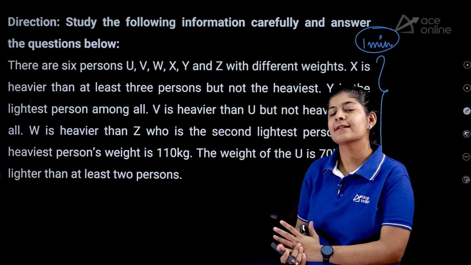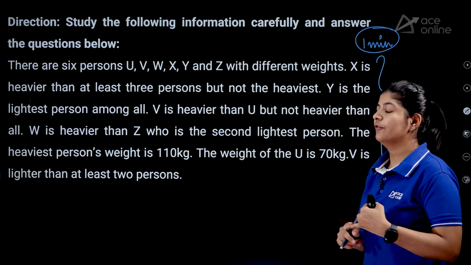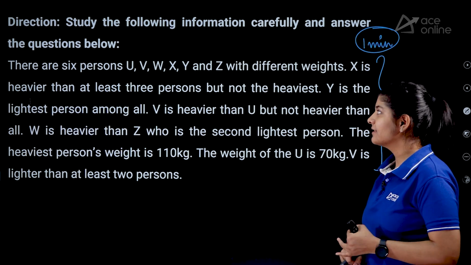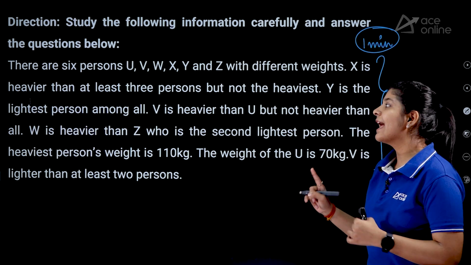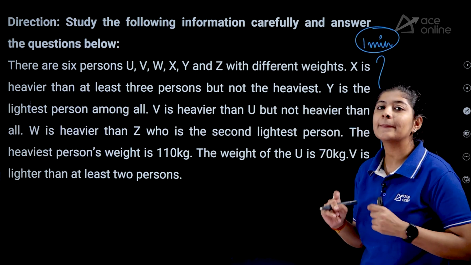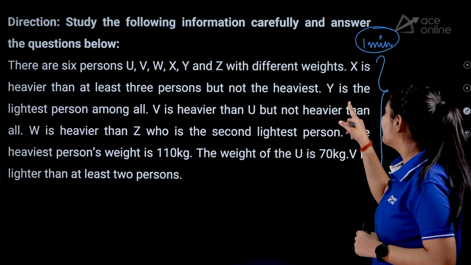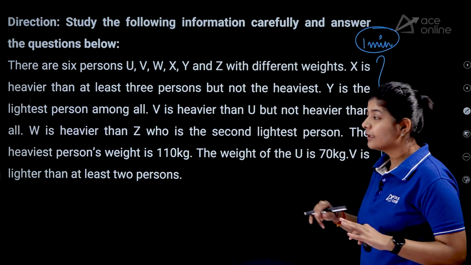The question says, there are 6 persons, U, V, W, X, Y and Z, with different weights. X is heavier than at least 3 persons, but not the heaviest. Y is the lightest person among all.